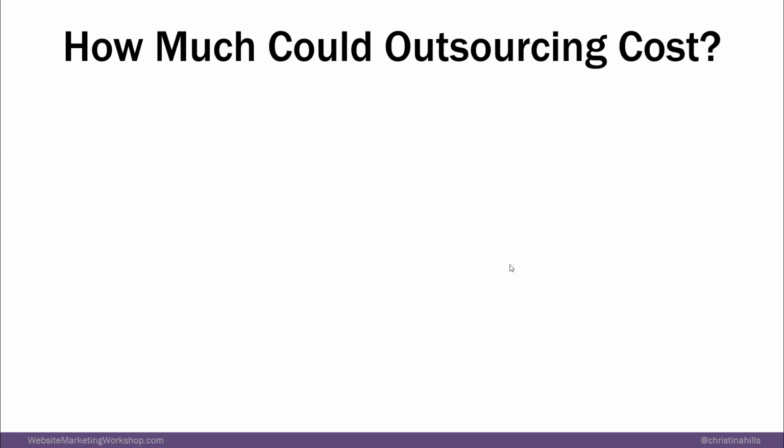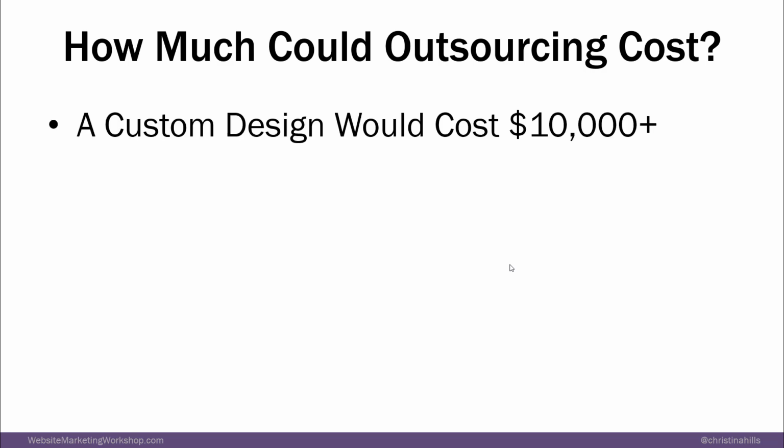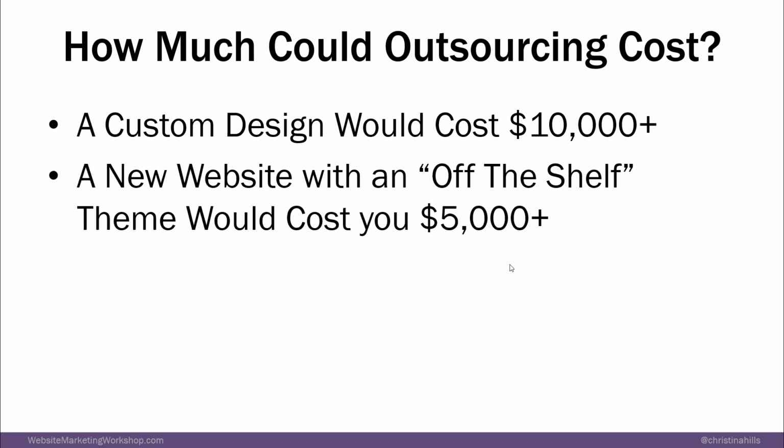But let's talk about outsourcing. So how much could outsourcing cost you if you hire somebody else to do this? Well, custom designs often cost $10,000, or even a new website with an off-the-shelf theme could cost you $5,000. I mean, I teach people how to use the Divi theme, but many designers just take that same theme and charge you $5,000.